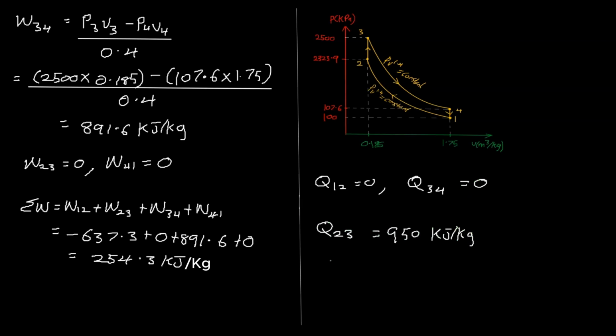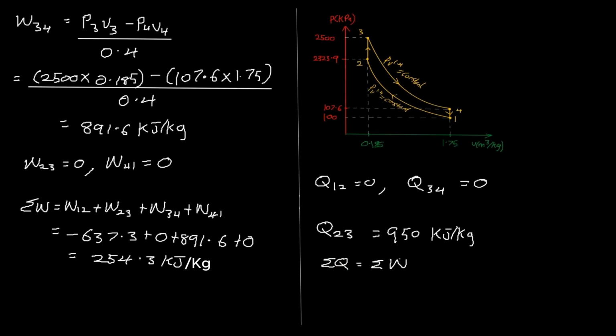Always keep the sign convention in mind. We're using a positive sign here because heat was transferred to the air. If heat was transferred from the air to the surroundings instead, Q23 would be minus 950 kilojoules. From our first law of thermodynamics, we know that the net heat supplied equals the net work done in a cycle.